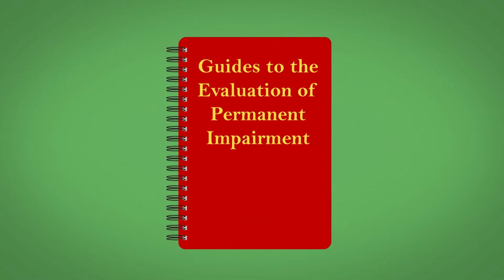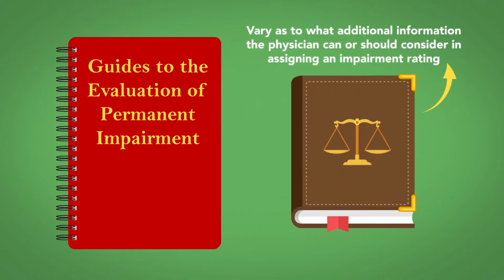Although the AMA Guides provides a uniform means by which physicians can evaluate an injured employee's level of impairment, state laws vary as to what additional information the physician can or should consider in assigning an impairment rating.